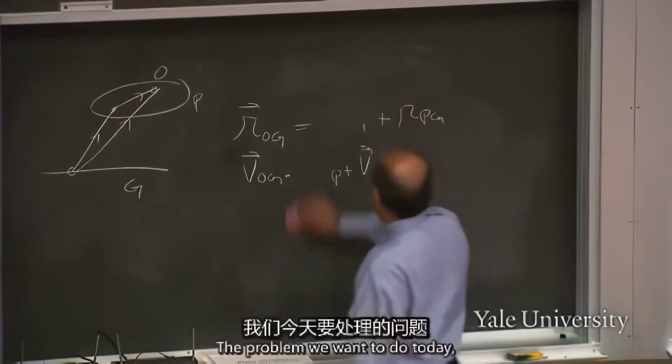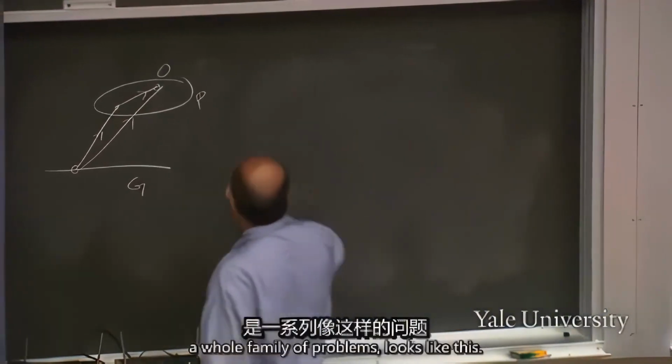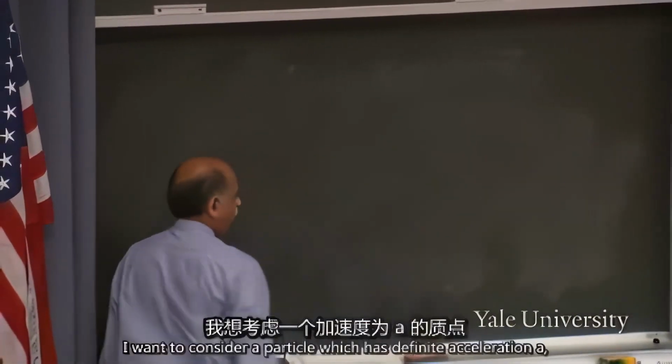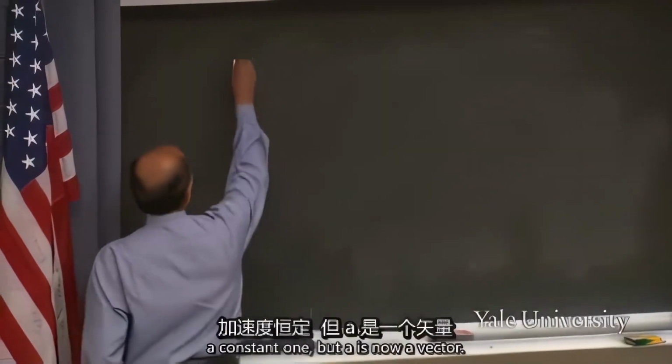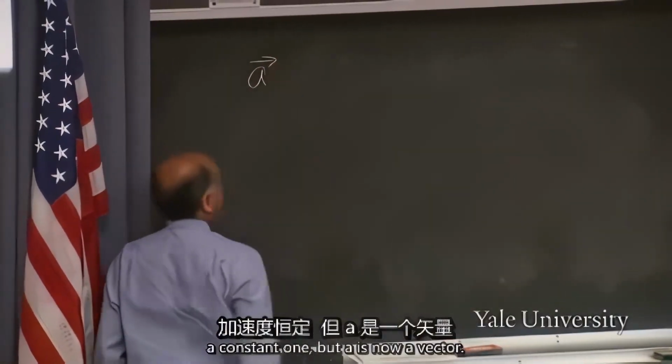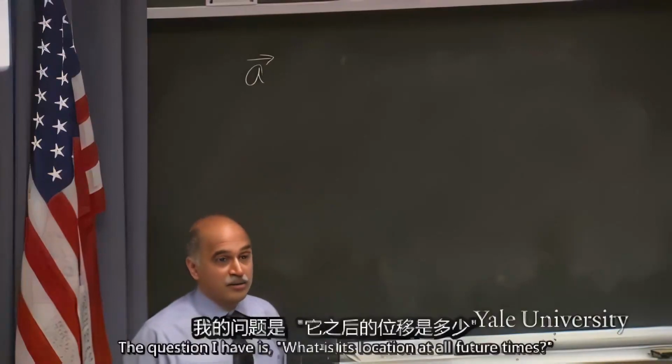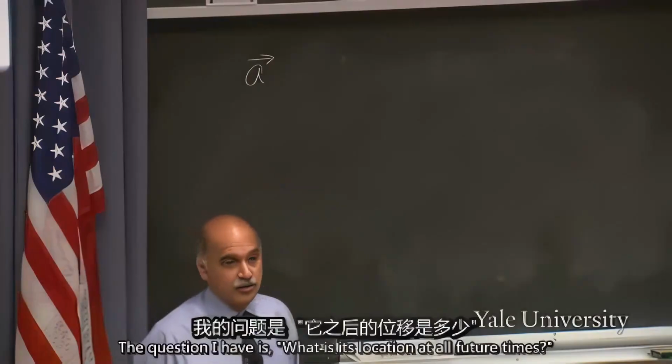Okay, the problem we want to do today, a whole family of problems, looks like this. I want to consider a particle which has a definite acceleration, a constant one, but a is now a vector. The question I have is, what is its location at all future times?